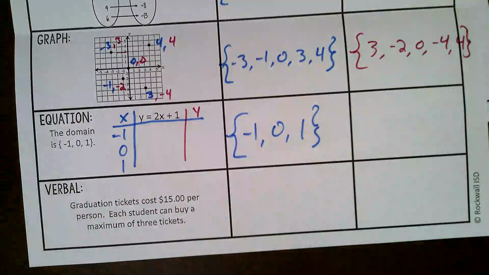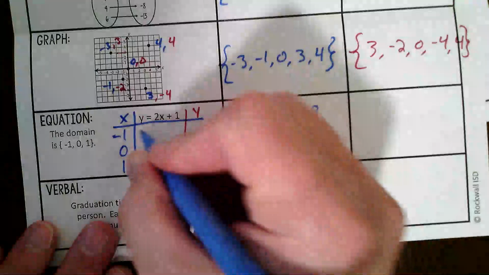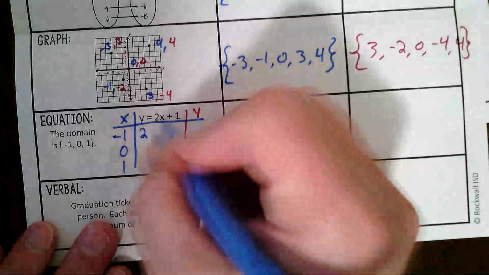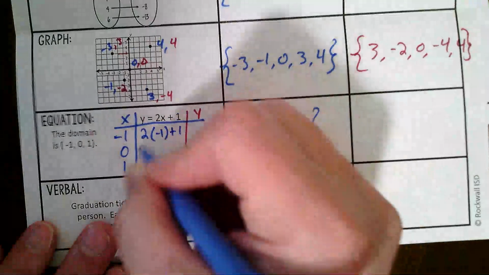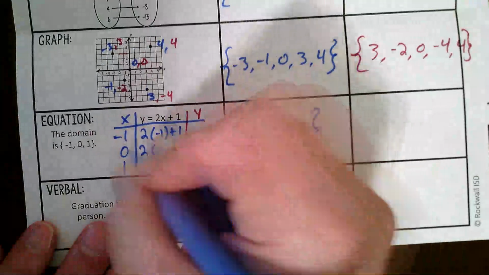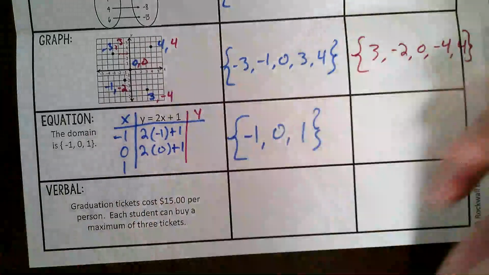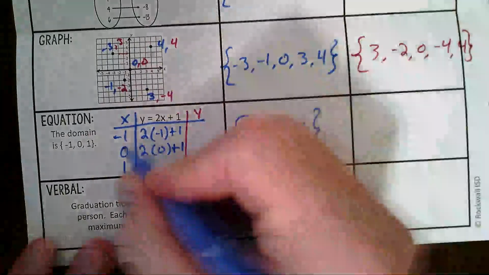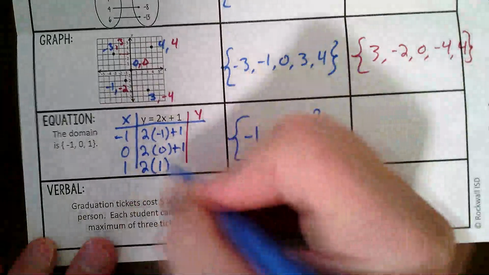Now, in the function itself, we have the function y equals 2x plus 1. I'm going to write, instead of x, -1, plus 1. Instead of x, I'm writing 0, because these are my domain values. Those are the values that are being plugged into the equation. I'm going to write 2 times 1, plus 1.